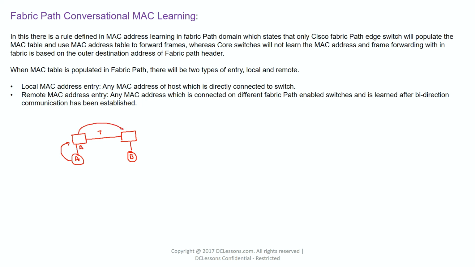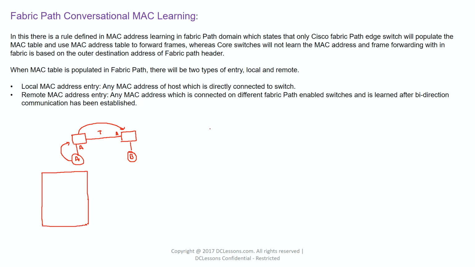When this packet reaches here, the MAC address is learned here too. So each switch, upon receiving a layer 2 frame, learns the MAC address of the source. This makes the MAC address table larger and larger in a traditional data center.